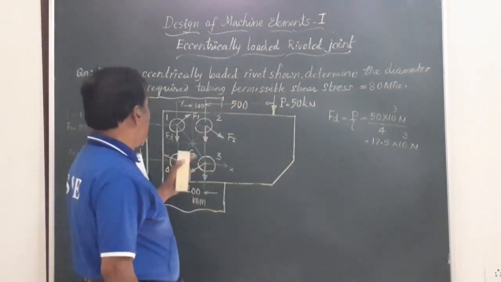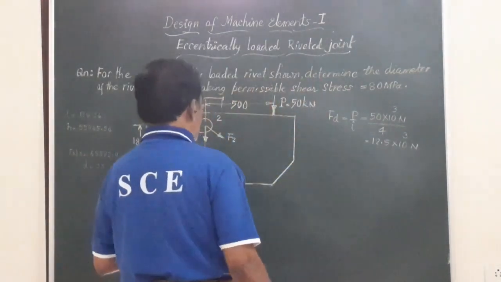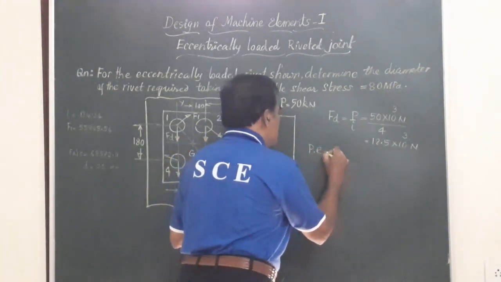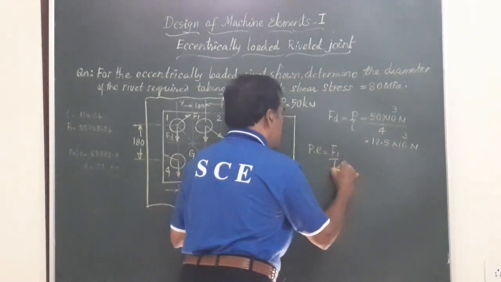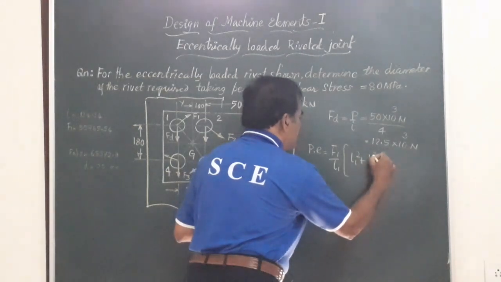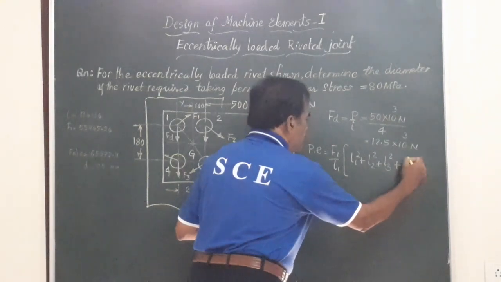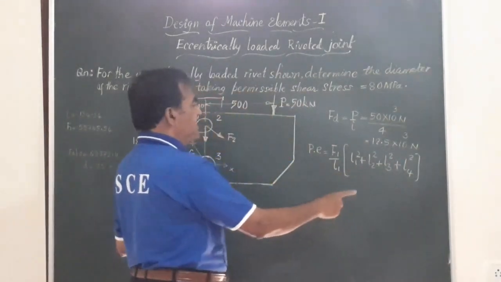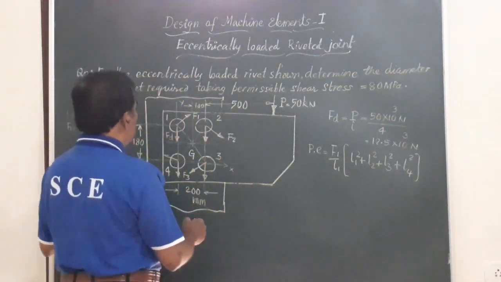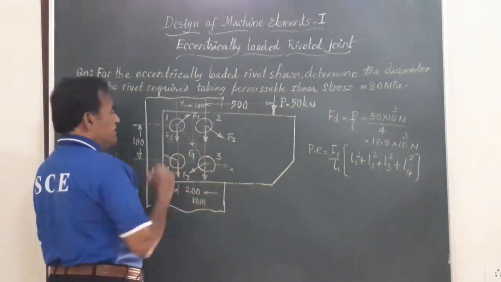Friends, now we will have to find out the values of these F1, F2, F3 and F4. We have the formula given by P into E is equal to F1 by L1 multiplied by L1 square plus L2 square plus L3 square plus L4 square, where these L1, L2, L3, L4 etc. are the distances of the rivets 1, 2, 3 and 4 from CG.